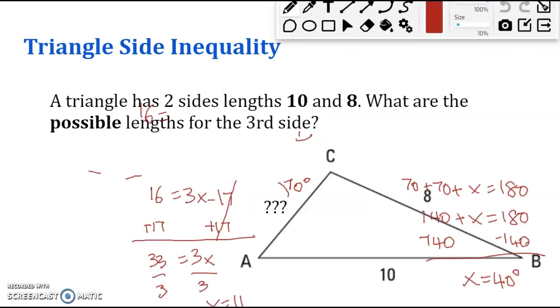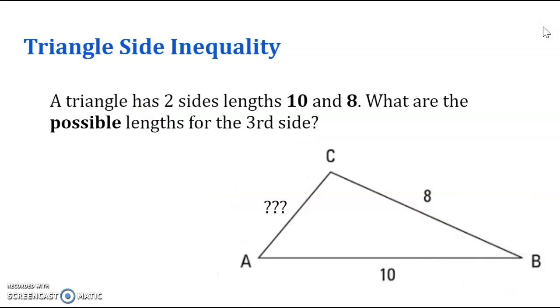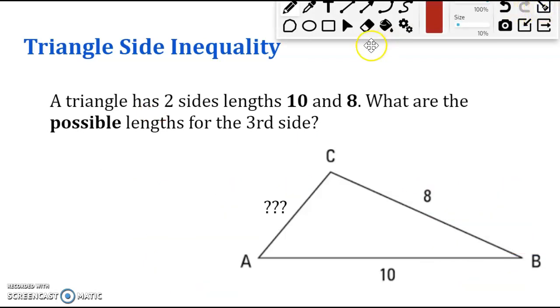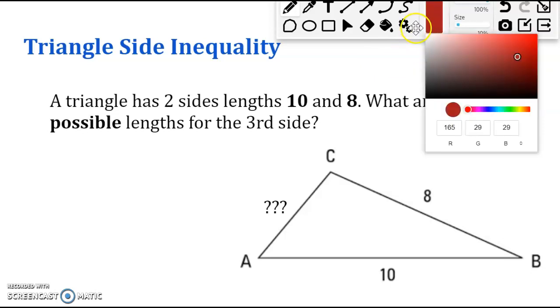So, given side lengths of 10 and 8, this could be my 10 units, and I am going to try for the maximum here, and this is going to be the minimum.